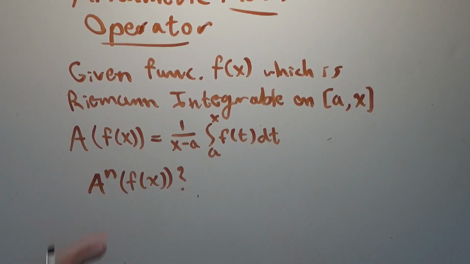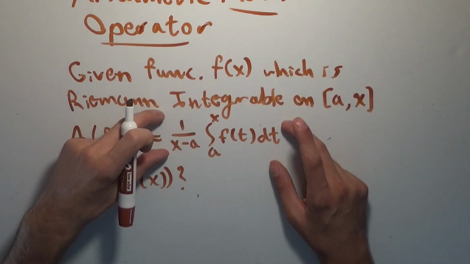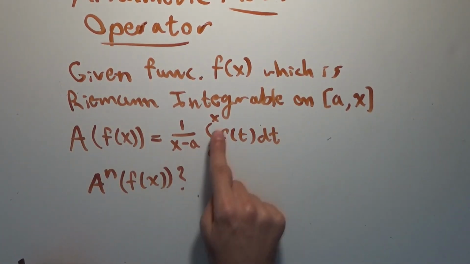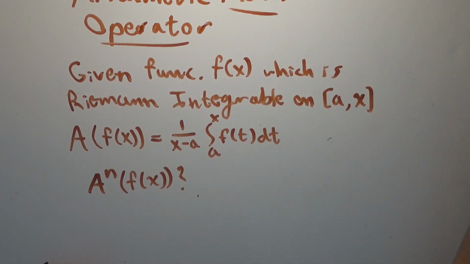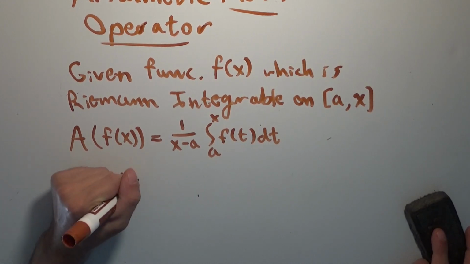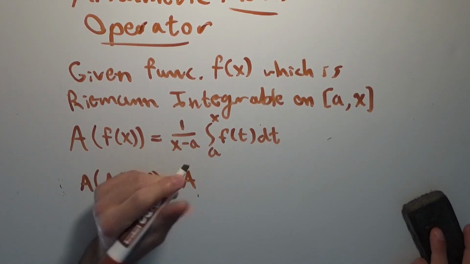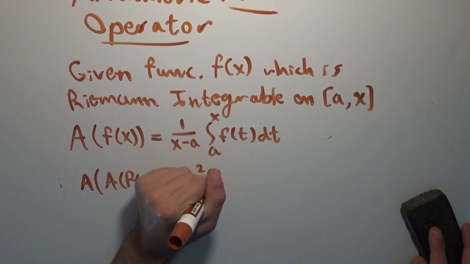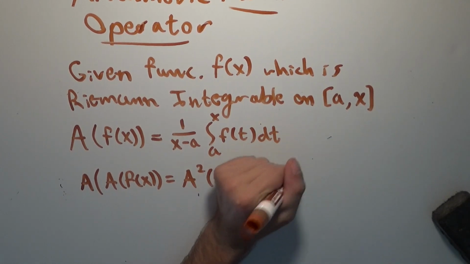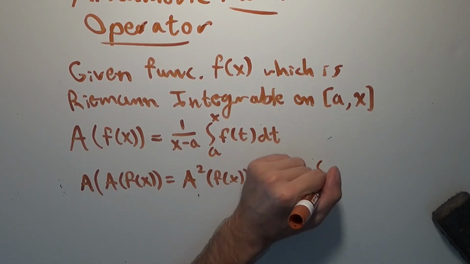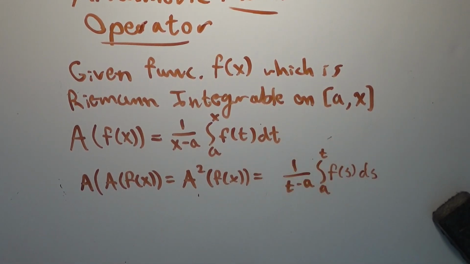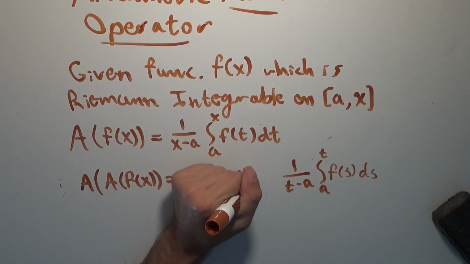This is the average of some function f of t, or some function f of x. Now take the average of this function, because this is a different function of x now. So let's consider what the average of f of x might be. We might also write this as a2 of f of x. We have the first average of f of x, and that's going to be in the t world, so we have 1 over t minus a times the integral from a to t of f of s ds, where s is just a dummy variable, and then we're taking the second average of this.